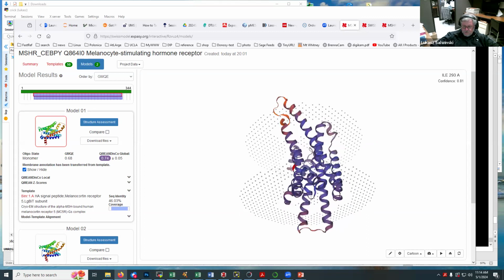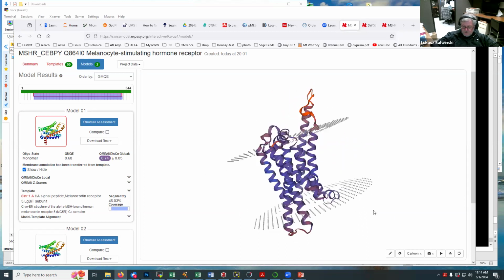You can manipulate the model on the screen. You can change the way the molecule is displayed. So here we've got the cartoon. I think, yes, that's the cartoon representation. We can make licorice.